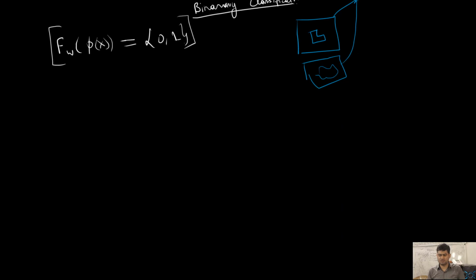So to take the discussion further, sometimes rather than saying just yes or no, for example, if our function maps x to just 0 or 1, we can take it further.